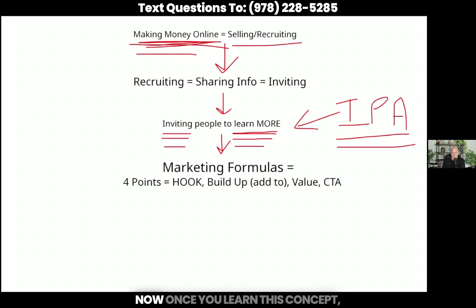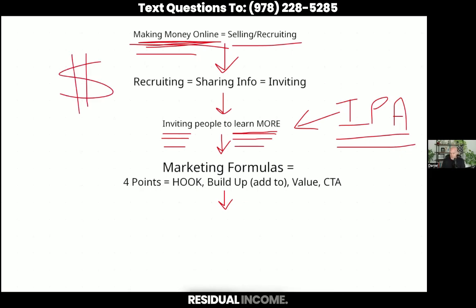Now, once you learn this concept, here's where we're going to shift gears. If you truly want to find success in this industry, build a team, make money, create passive residual income, once you understand what the formula actually is, you understand what you have to do, you understand the income producing activities, then you just have to literally decide: do you want to do it or not?